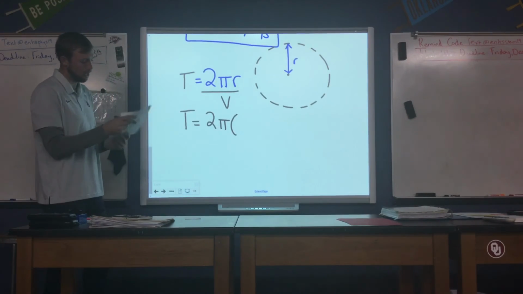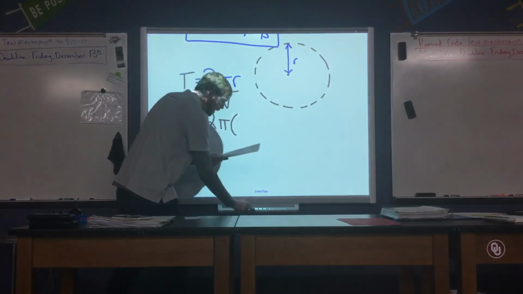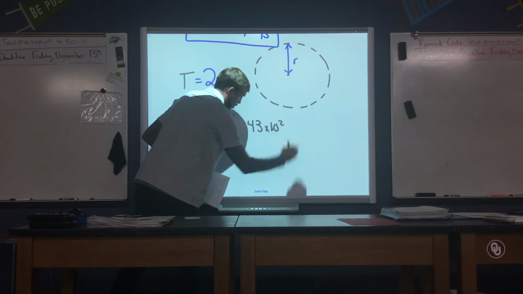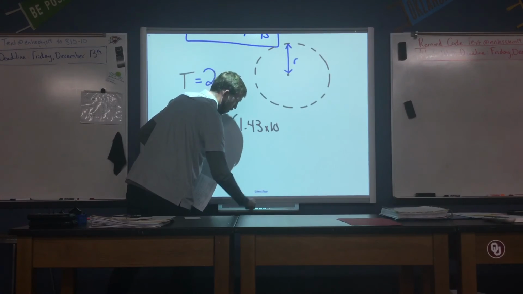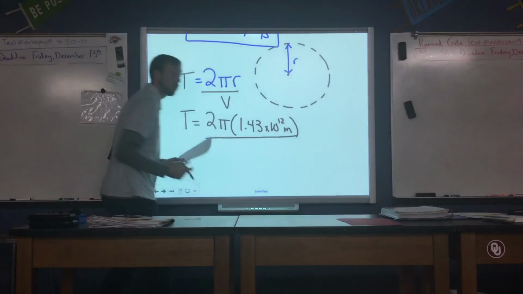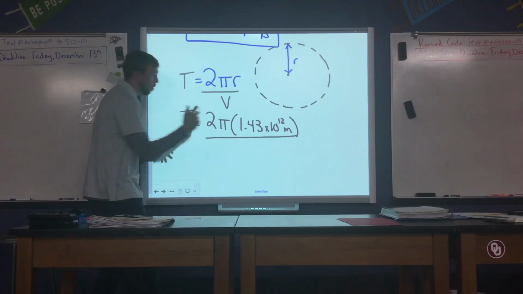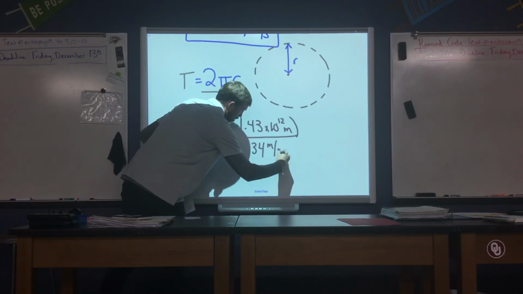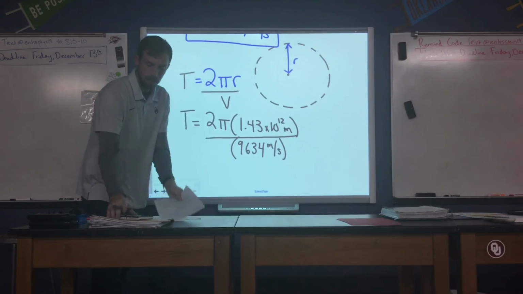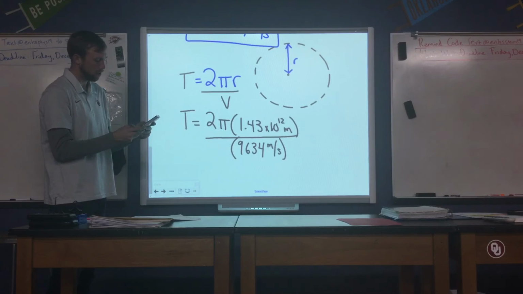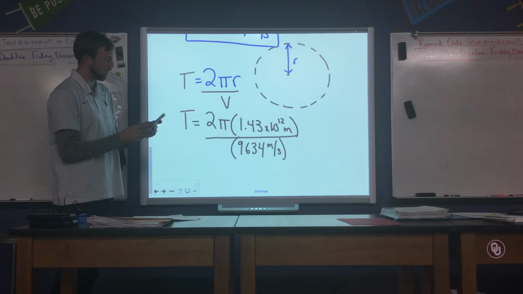So 2 pi times the radius, 1.43 times 10 to the 12th meters, divided by its velocity, which we just found, 9,634 meters per second. Now we can plug our values in. So 2 pi multiplied by our radius, 1.43 times 10 to the 12 meters, divided by our velocity, 9634.